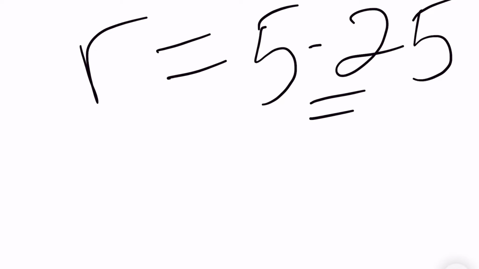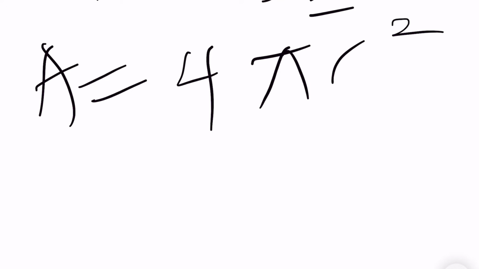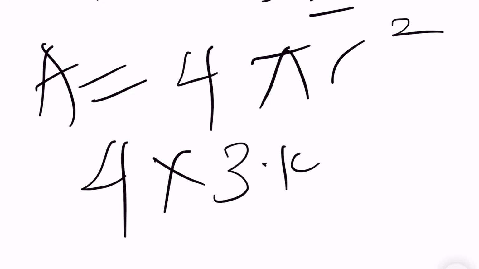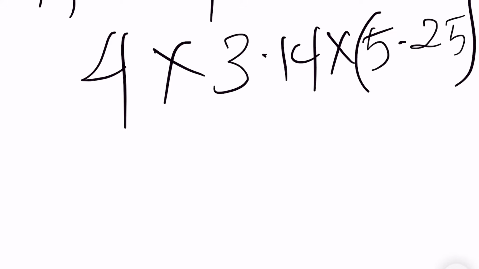So now for our area, we have 4 pi r squared, where we have 4 times 3.14 times 5.25 all squared.